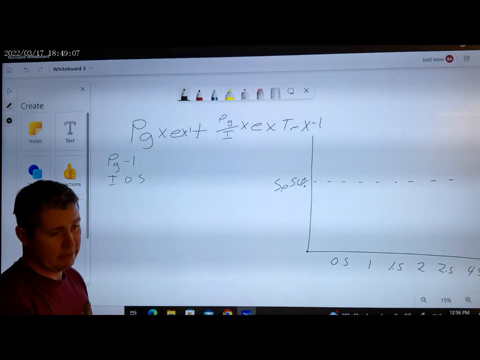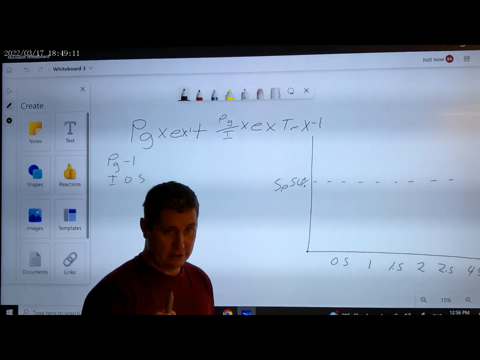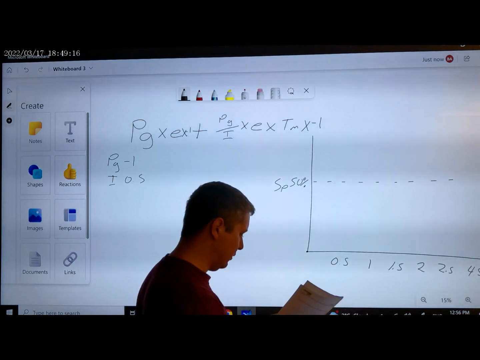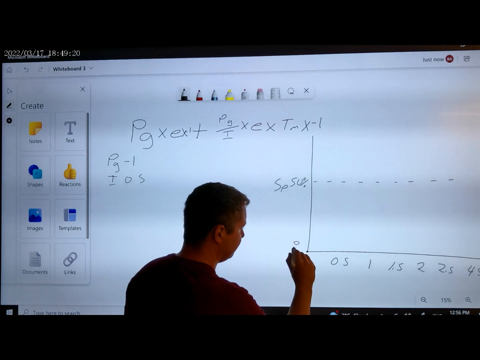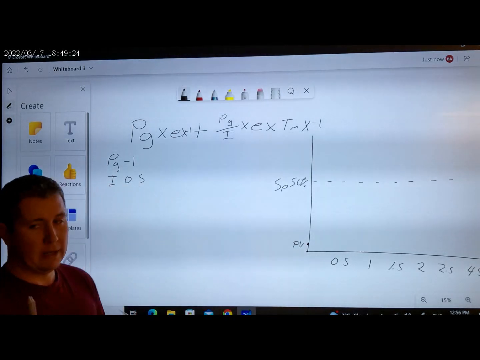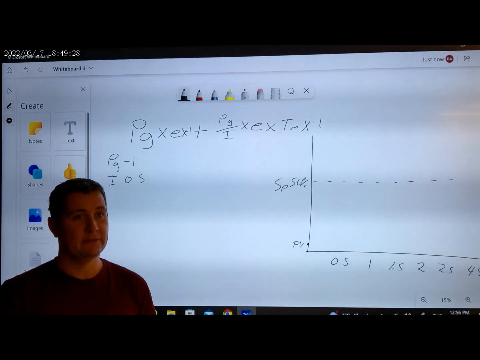Now, keep this in mind. If a person says that your process variable is at 5, our error would be what?